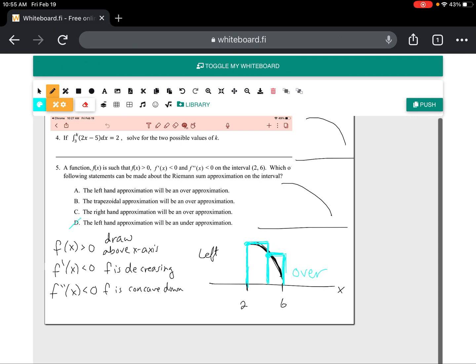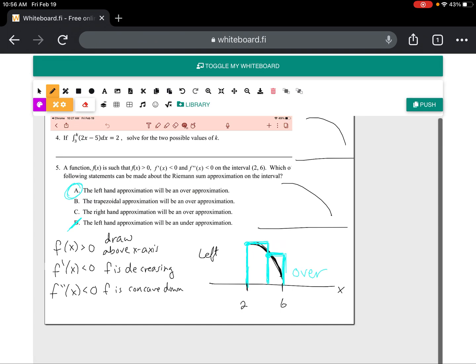Okay, so we know that D is wrong, and we know that A is right, but this could be one of those problems where it's like, is it A and B, or A and C, or all of the above, or something like that. If it's one of those types, you will definitely want to check the others, just to make sure that you didn't mess up somewhere.